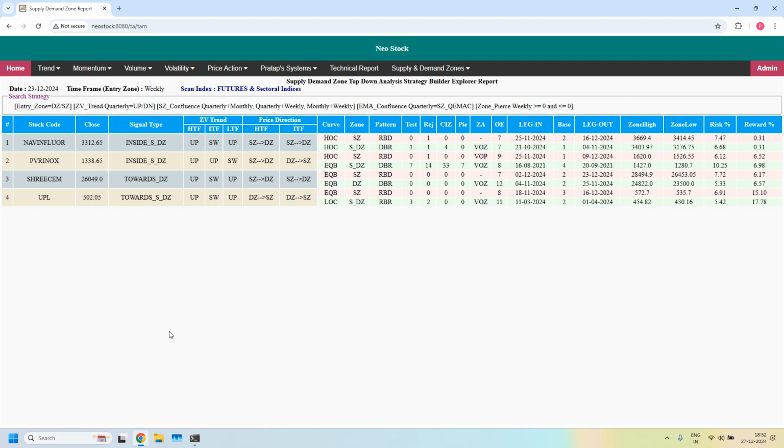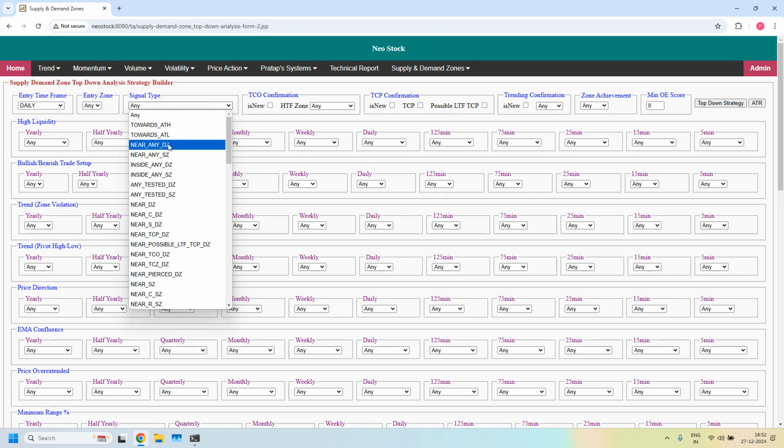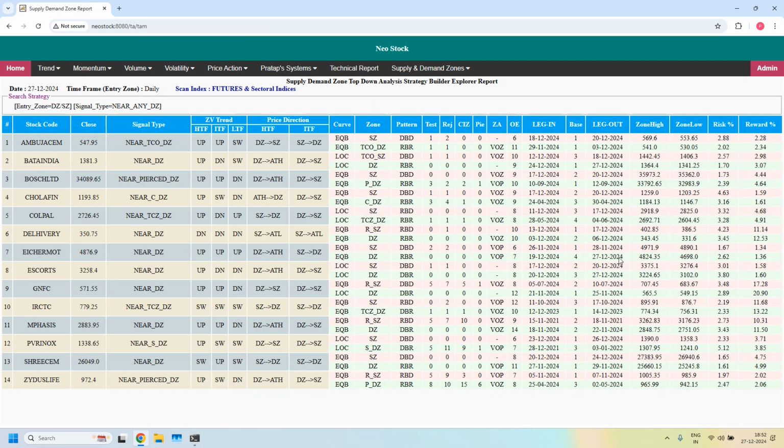Now let's go to the next time frame, daily. Entry time frame daily, let us find the stocks near the daily demand zone. 14 stocks are filtered. Now let us look for high liquidity zones, daily high liquidity demand zones from this list.